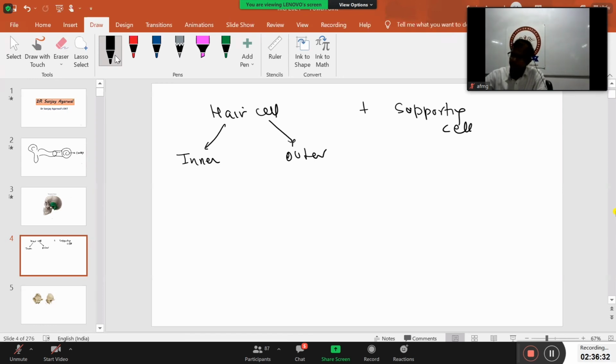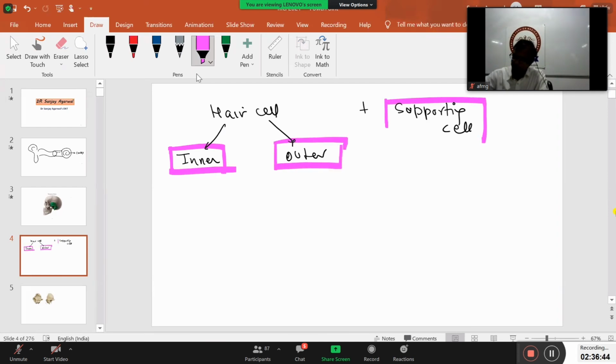So ultimately, we have three types of cells. Which are the three types of cells? Inner hair cell, outer hair cell, and supporting cell. These are three types of cells in the cochlea that you have to know. And now comes a very important thing that they ask you in the exam.